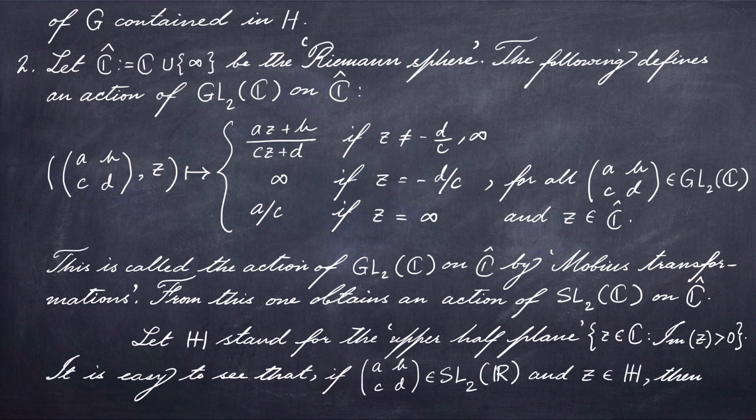The reason for calling this an action by Mobius transformations is that maps of this form are functions in one complex variable. Functions of this form are called linear fractional transformations or Mobius transformations. Most likely you will see these functions in your complex analysis course.